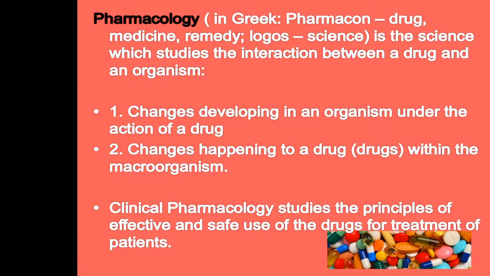Any new drug should pass first preclinical trials on animals. In cats, in rabbits, in dogs, in mouses, and so on. And usage in animals, this is pharmacology. Clinical pharmacology is concerned usage of the drugs in patients.